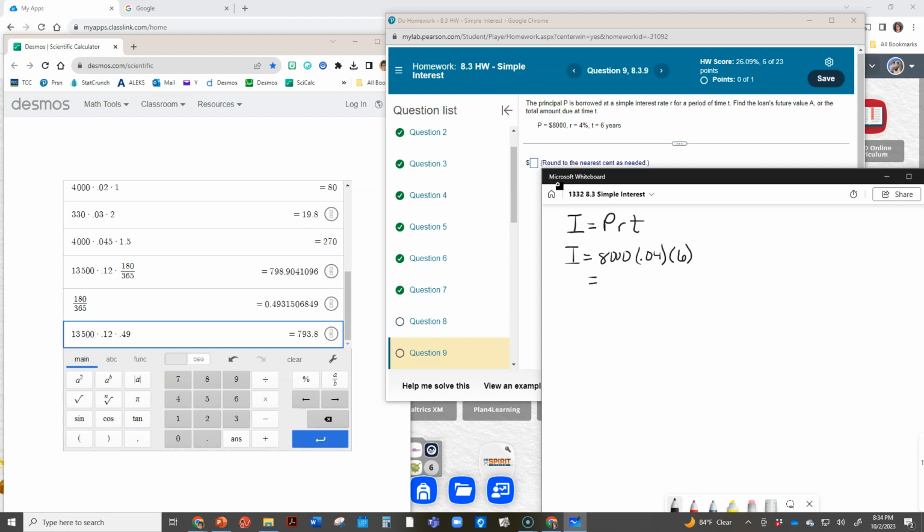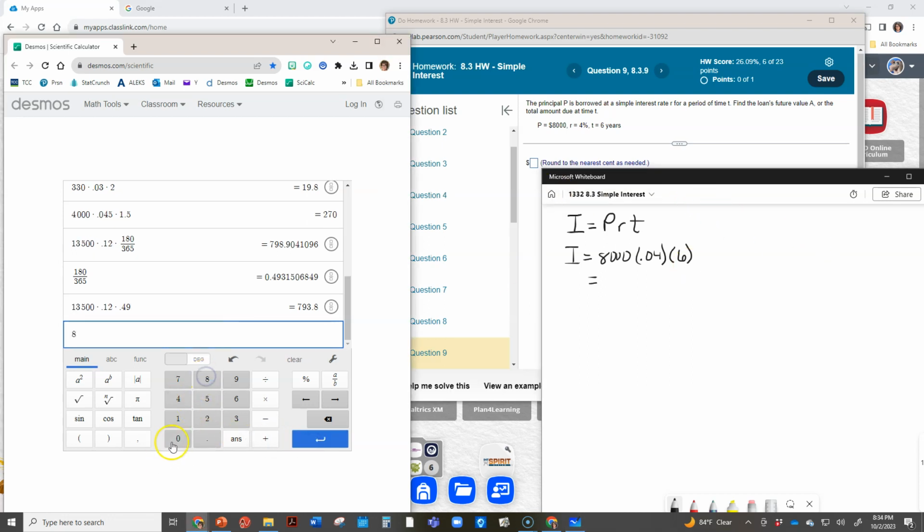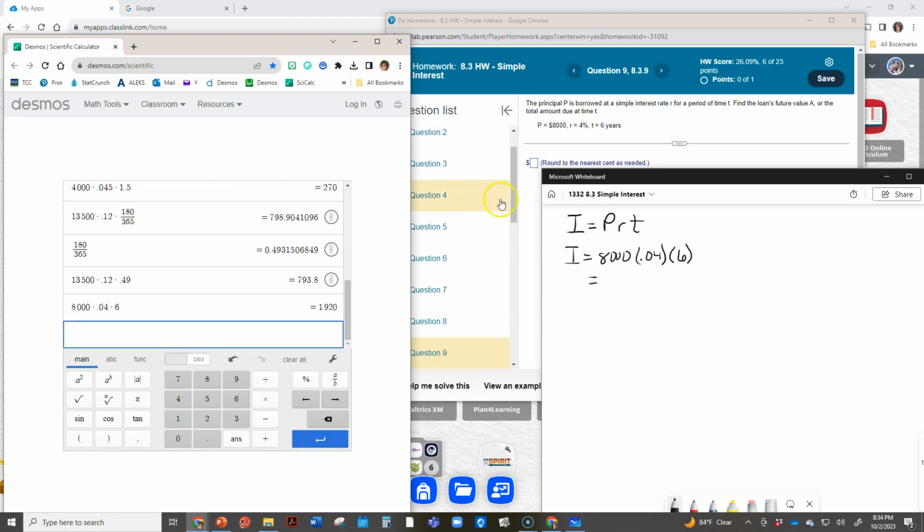The interest would be 8,000 times 0.04 times 6, which is $1,920. So at the end of 6 years, you don't pay back $8,000. You have to pay back $8,000 plus your interest.